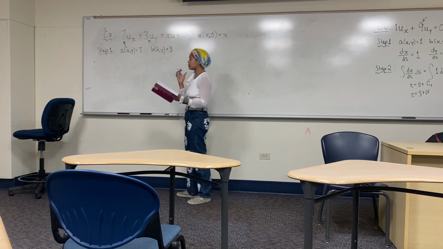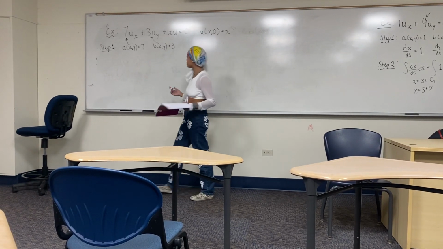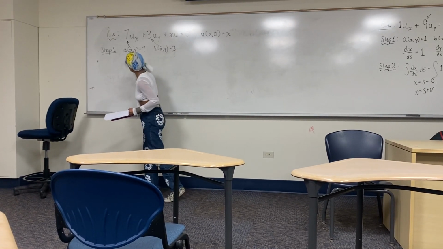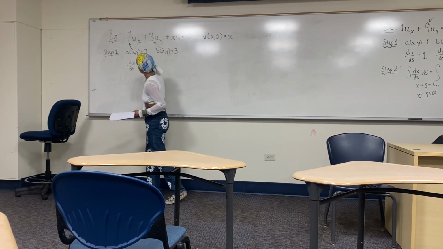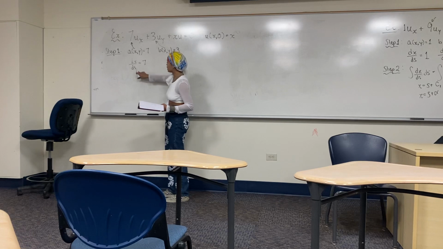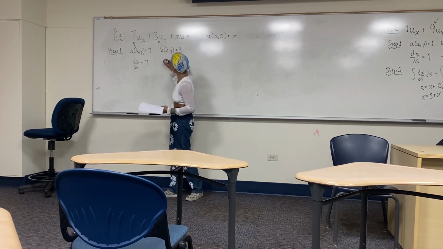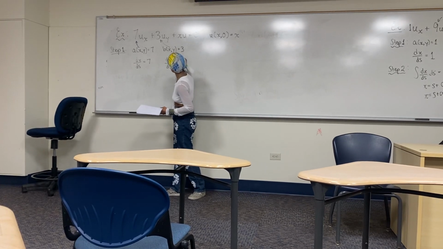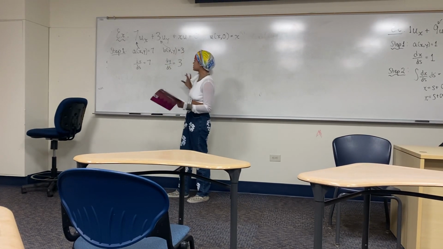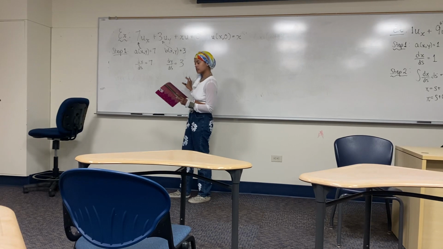And we're going to create a system of ODEs from those. So we end up with the derivative of x with respect to s equals 7. And again, that's when we parameterize this by s. And the derivative of y with respect to s equals 3. All right, step 1 is complete.